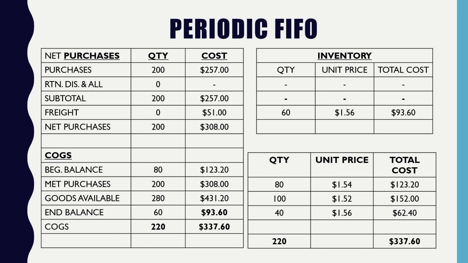So as you eliminate from your inventory worksheet, what you're going to have remaining is 60 items at $1.56, which, again, is a grand total of $93.60.